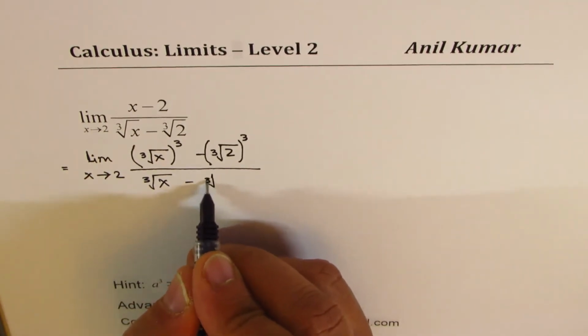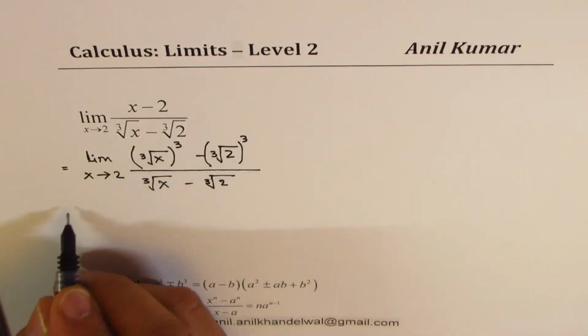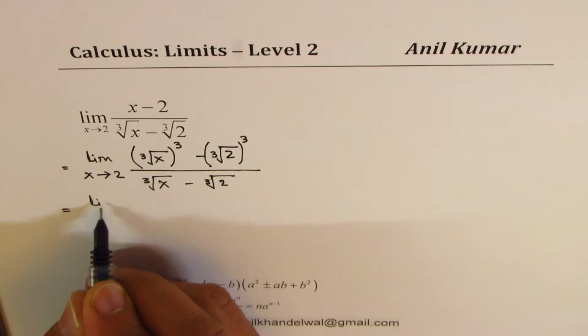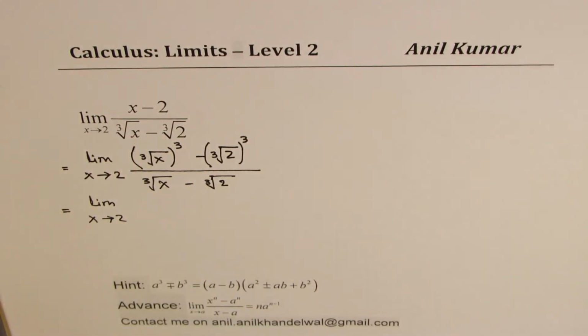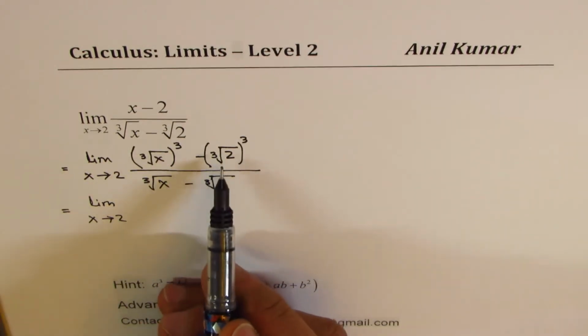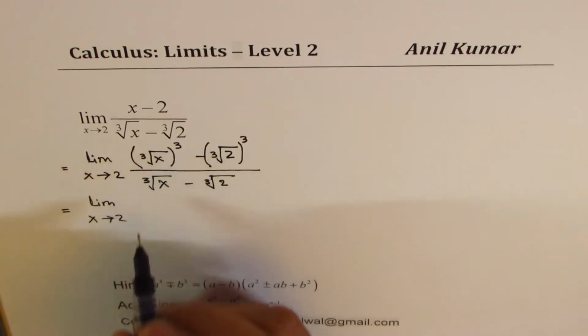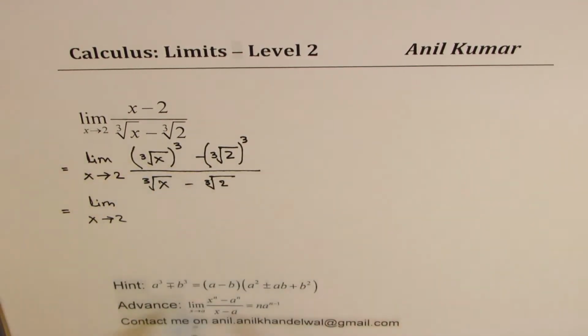Now, I'm adopting a very different technique to solve these questions so that we learn a method and can apply this method over and over again to solve such questions. The numerator is a difference of cubes. So again, I will expand this with this formula, correct?